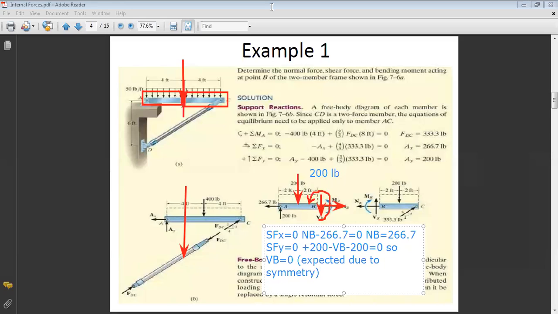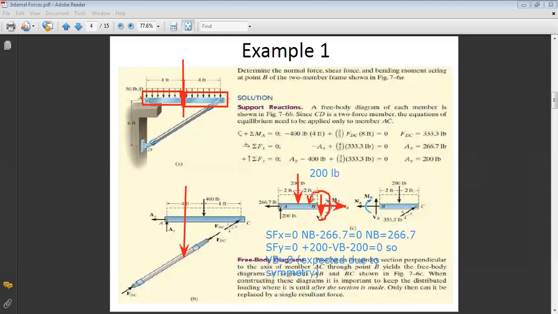We can do about A. We can do about A, but why I don't advise you to do about A? Because if you do sum of moments about A, you should include the moment of the shear force VB. And if you have a calculation error for VB, then you will have a wrong result.